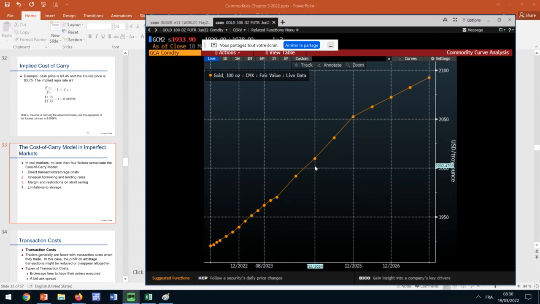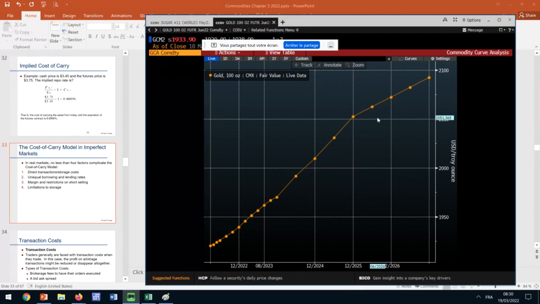Reverse cash and carry strategies will mean that this part of the curve will go down, and cash and carry strategies will mean that this part of the curve will go down. Again, any anticipated change in the future gold price at a given point in time will have an impact on the entire shape of the futures curve.